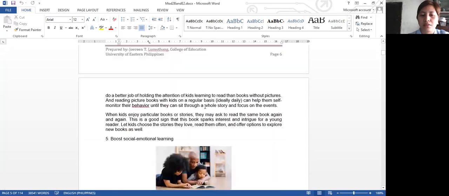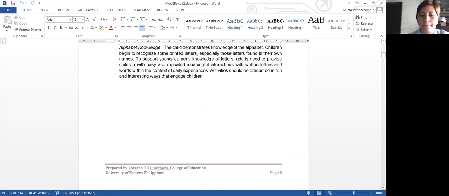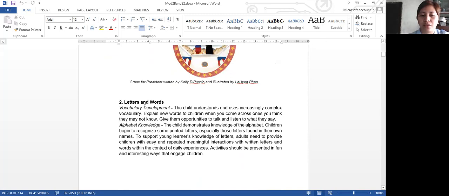Another, the second, is letters and words. Again, how are you going to relate this to your major, your field of specialization? There are some emergent learners who are just familiar with the teacher, but they don't know what exactly is that thing.